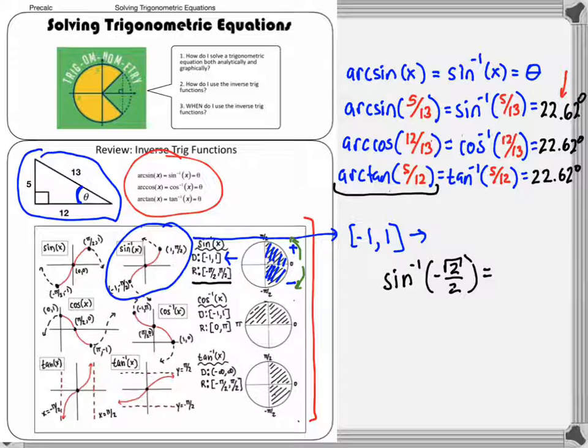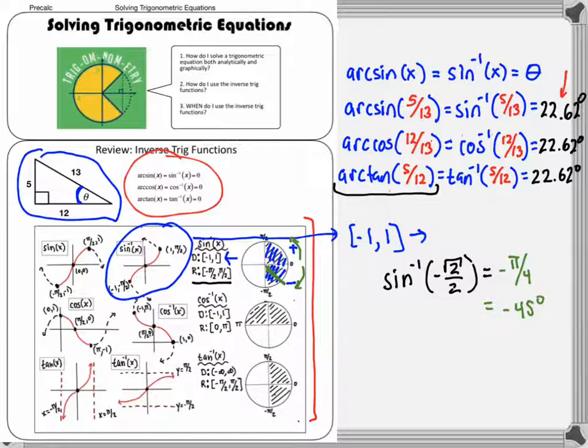So I know it's negative and it's going to be in the 4th quadrant here, and it's going to go in a negative pi over 4 direction, and that is going to kick out negative pi over 4, or -45 degrees. The reason we do that is because if we use the whole unit circle and don't restrict anything, it could kick out an infinite amount of angles and therefore be useless.